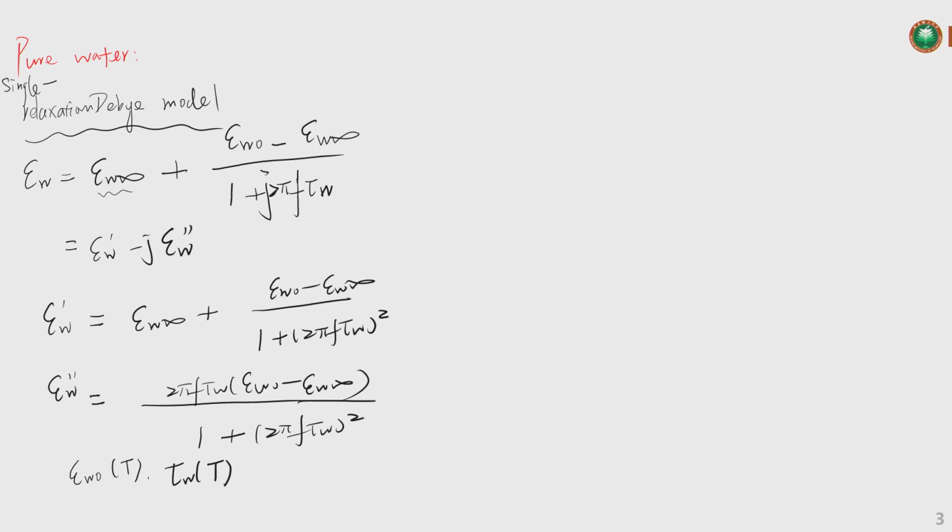Usually the change would not be that much, but especially for high resolution detection or sensing, a small change in temperature would also lead to a significant variation in the results. And for the infinity part, where the frequency reaches infinity, the value for water is usually considered to be constant.